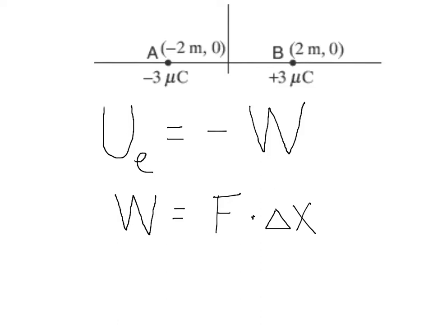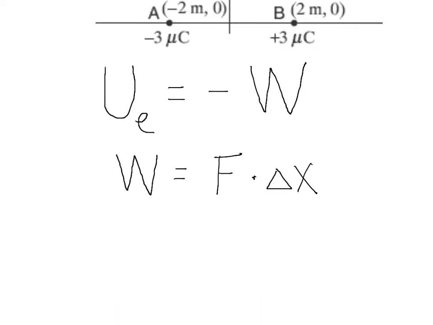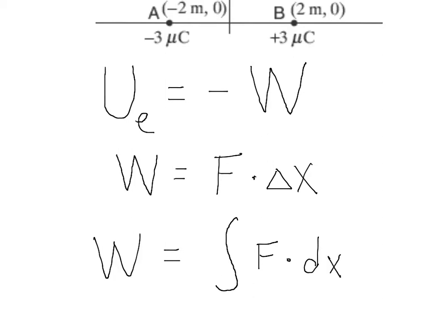So instead, we're going to have to use an integral. And so we're going to write, instead, that this work is the sum of a bunch of little work values, all found by taking the force at a specific location and multiplying it by a small little step that the object takes at that location.